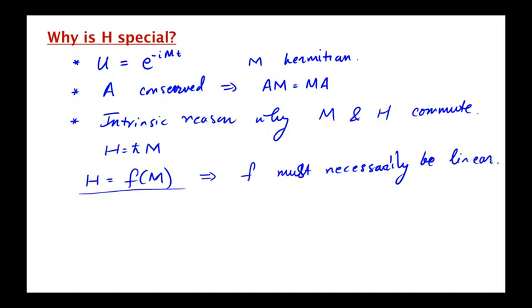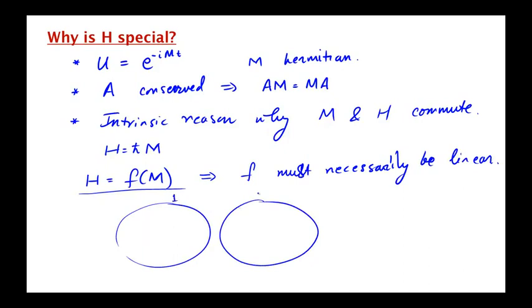And that has to do with saying, well, suppose that our system consists of two disjoint pieces, 1 and 2. So this has an associated Hermitian operator M1. This has an associated Hermitian operator M2. This has a Hamiltonian H1. This has a Hamiltonian H2.